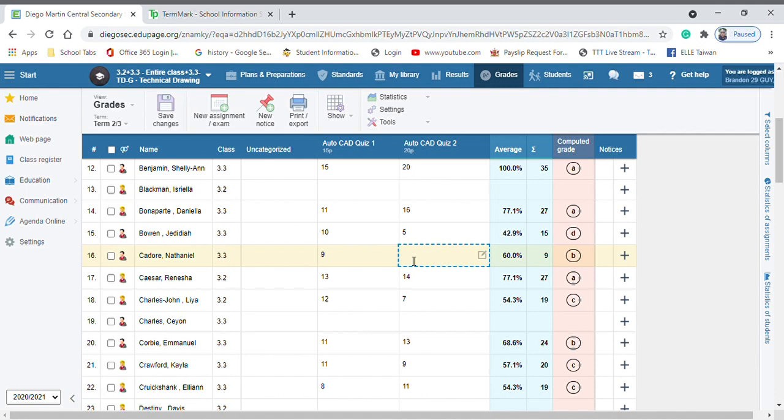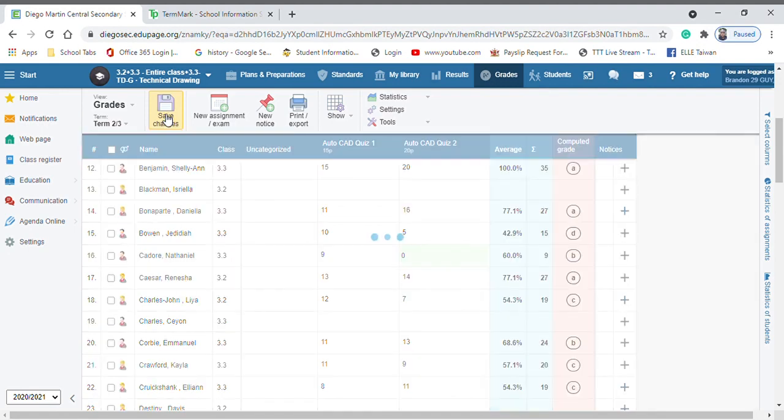Now in order for Edupage to understand this, we need to go in and manually enter a 0 so that we will tell it that this student got no marks in that particular quiz. Now what you're going to see happen is when we save this change, you would see this 60% change.